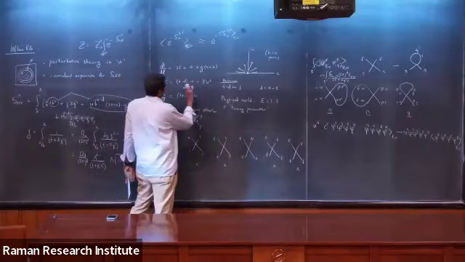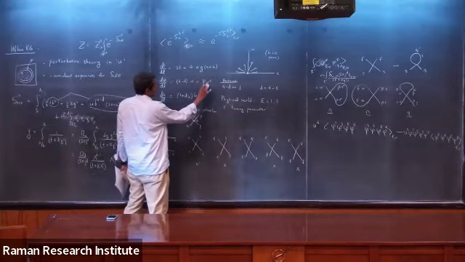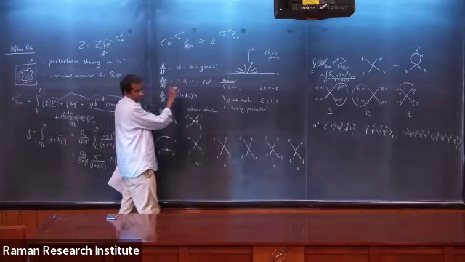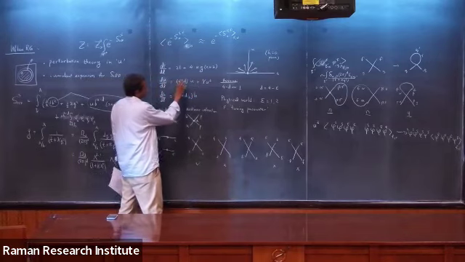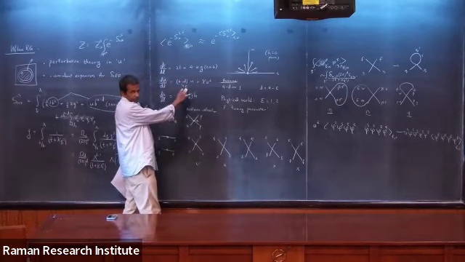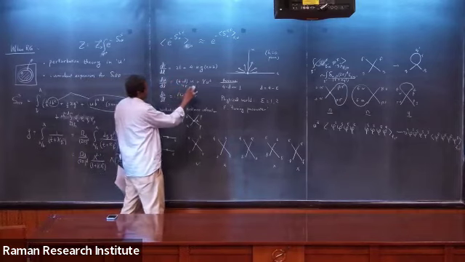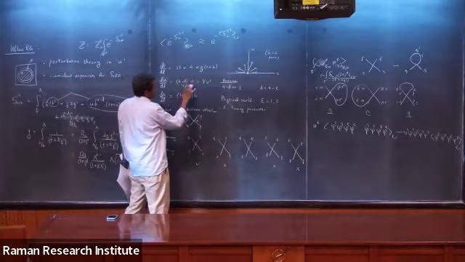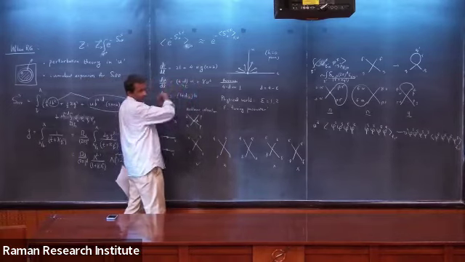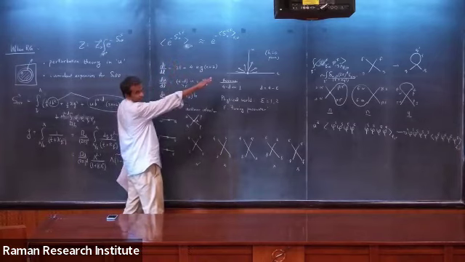We then said that if this had to have a fixed point, it would happen at a value of u star that is of the order of epsilon, where 4 minus d was epsilon, and we assume that epsilon is small. If I don't have this term, then u just flows off to infinity. That's what this picture was.